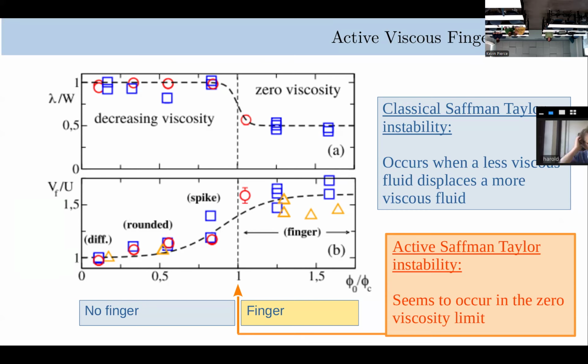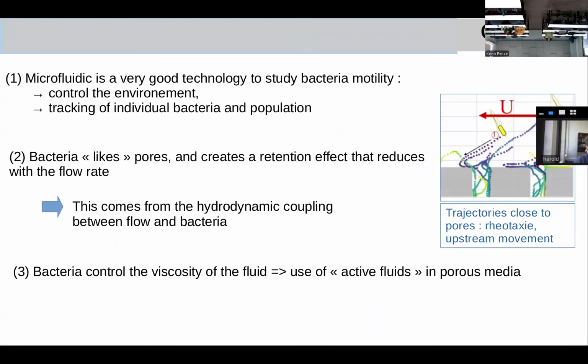For active Saffman-Taylor, it seems that what you need is a certain amount of bacteria, so you need to reach a certain threshold to observe the instability. It's what our experiment gives us. So it's a bit different.